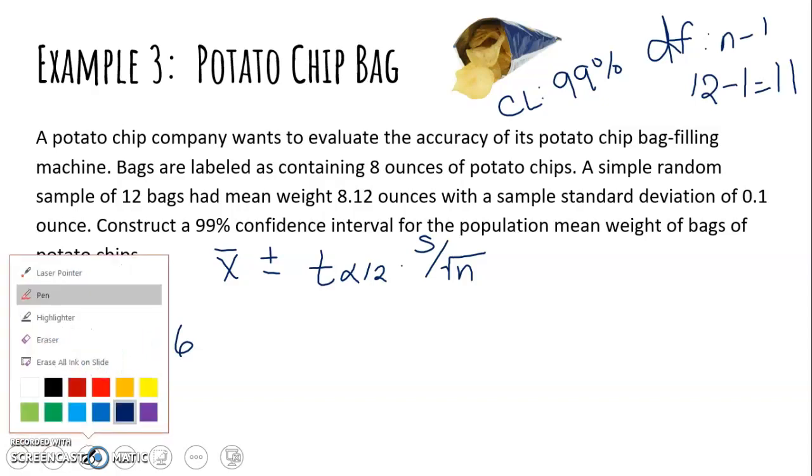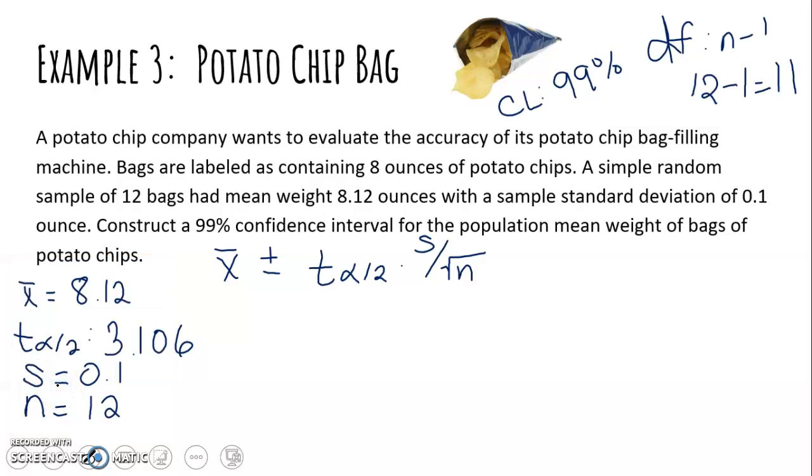Now we're going to fill in the blanks, and we get 8.12 plus or minus 3.106 times 0.1 over the square root of 12. So now we are going to use the calculator.